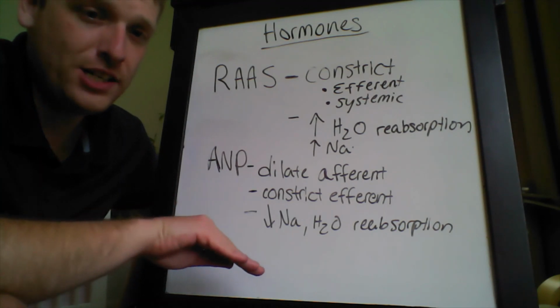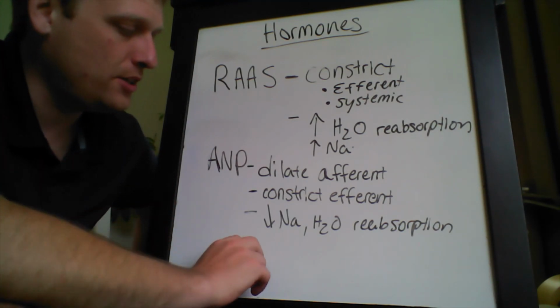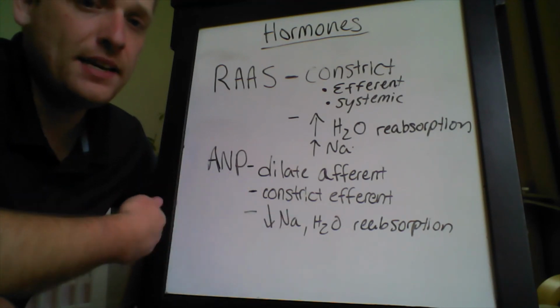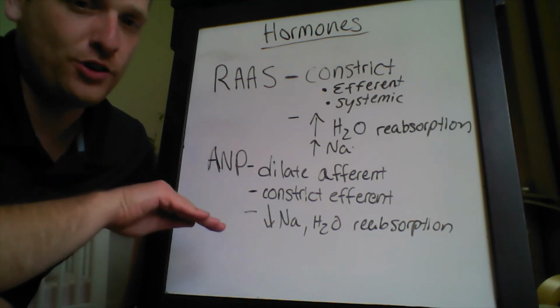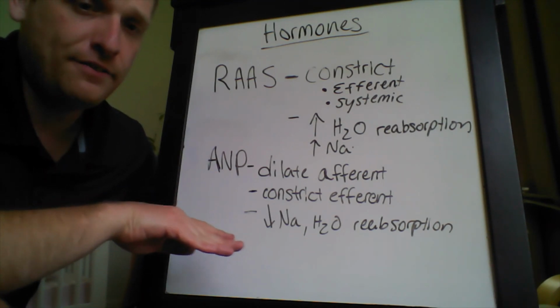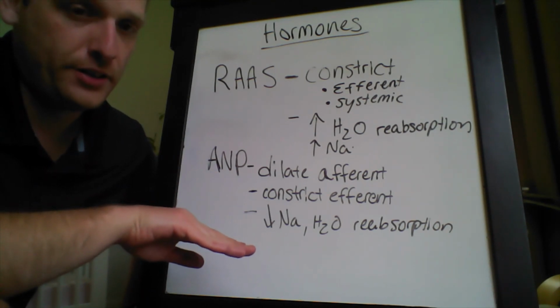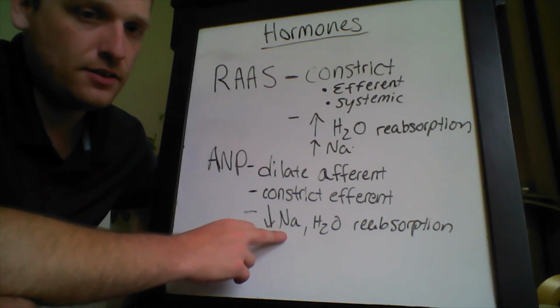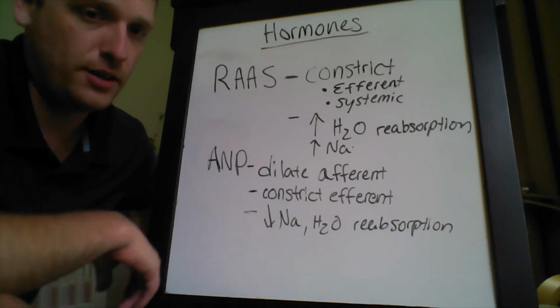And with increased GFR, what that's going to do is speed up the rate at which filtrate moves through the nephron. The faster that filtrate that's going to become urine moves through the nephron, the less chance there is to reabsorb sodium.